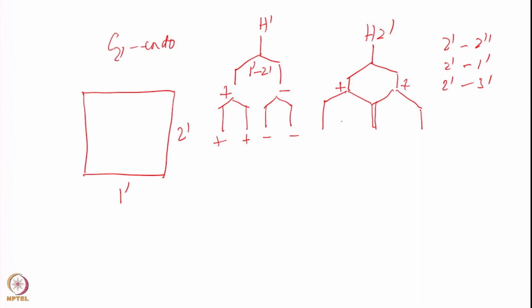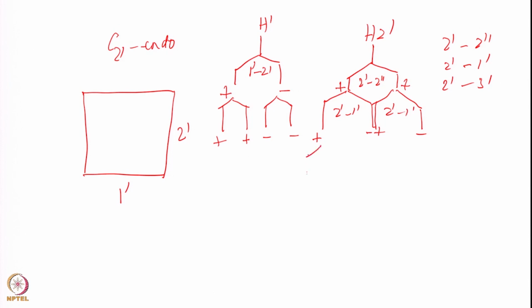And now what is this one? This one is my 2 prime 2 double prime, and then I will have 2 prime 1 prime. Now this is my active coupling, therefore this will be plus minus. This is the 2 prime 1 prime, and 2 prime 3 prime is smaller than 2 prime 1 prime.